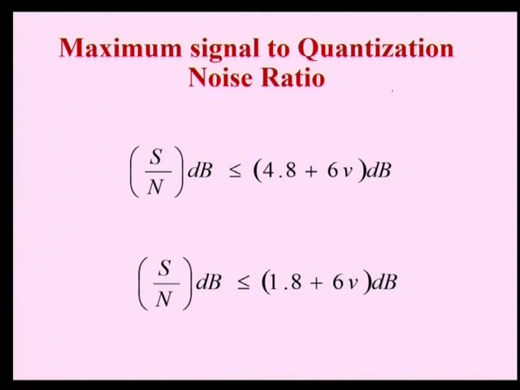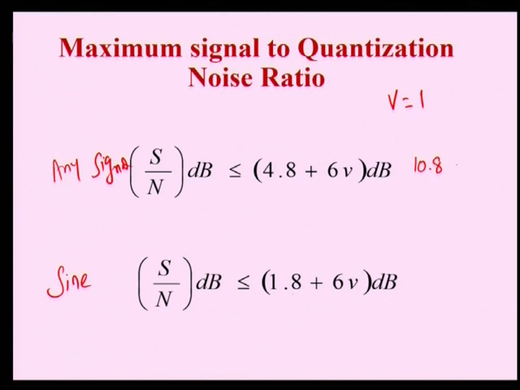Let us consider different cases. If v equal to 1, that is only 1 bit, then what about the signal to noise ratio? The first case is for any signal, and the second is for when the input signal is a sine signal. 6 plus 4.8, so it is 10.8 dB.